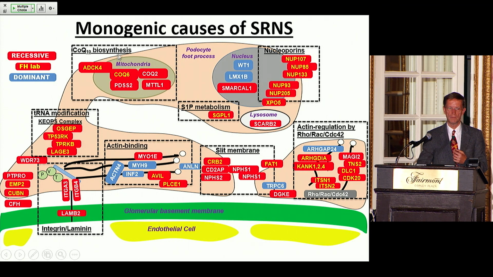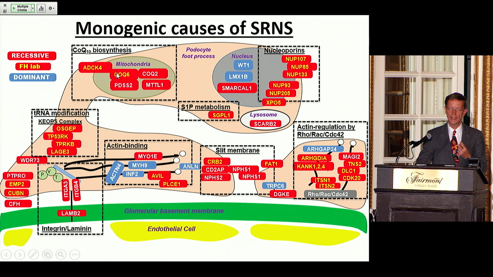There are CoQ10 biosynthesis enzymes, there are even nuclear porins, there are RhoA/Rac/CDC42 regulators, there are the slit membrane components, nephrin and podocin. And let's not forget, each one of these proteins is absolutely necessary to prevent the patient from developing steroid-resistant nephrotic syndrome, because if it's mutated, this disease will develop.